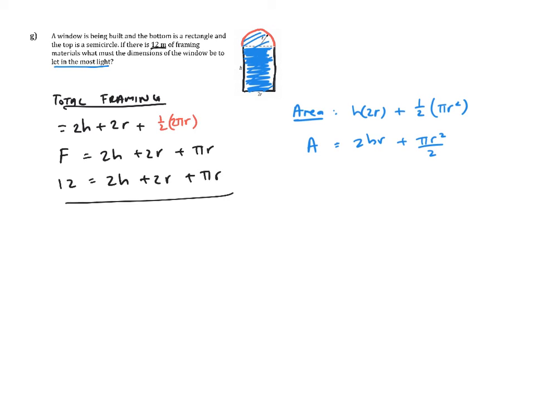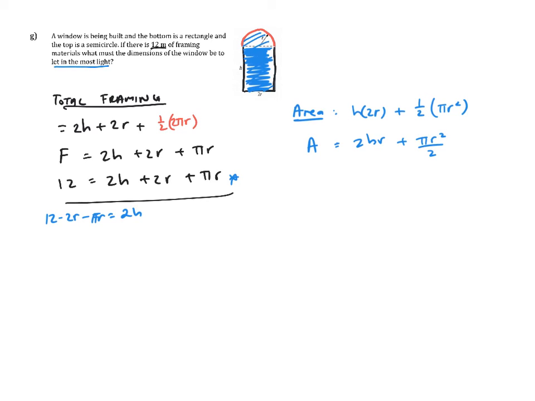Okay, now we just need to do simultaneous equations, and you need to decide whether you want to substitute h into it, or substitute r from there to there. Okay, so I think it's easier to get h alone. So 2h is equal to 12 minus 2r minus pi r.